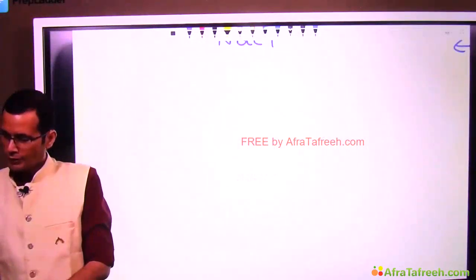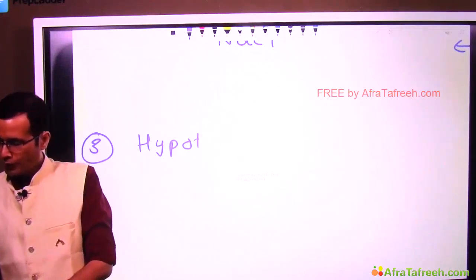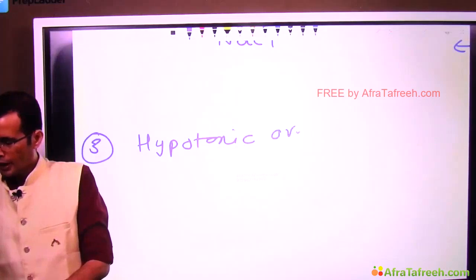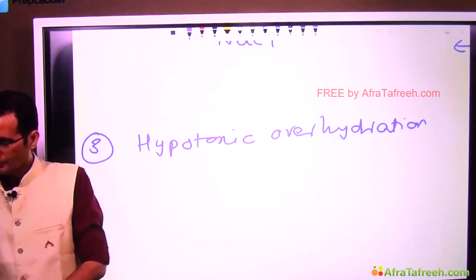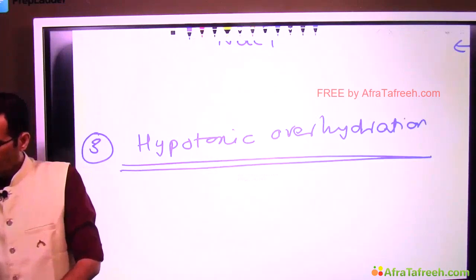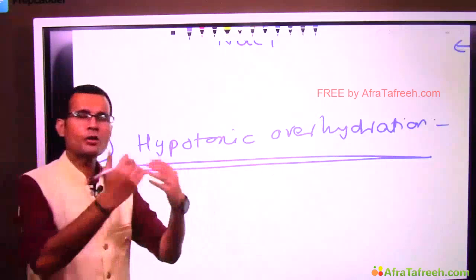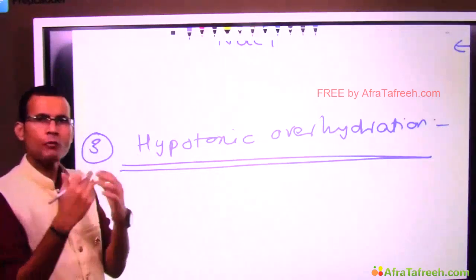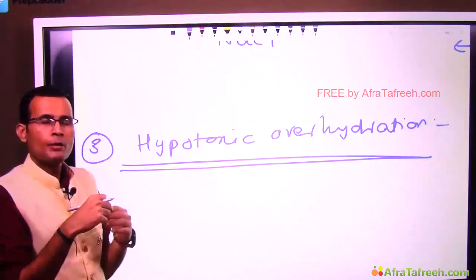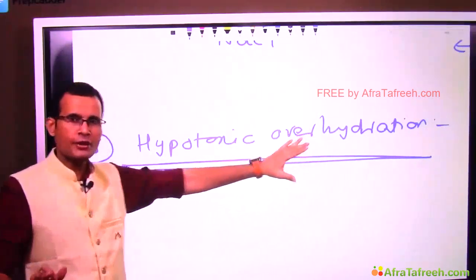And the last one is hypotonic overhydration. Meaning what? Only water gained into the ECF. Because water was gained into the ECF, it will be overhydration naturally, okay?